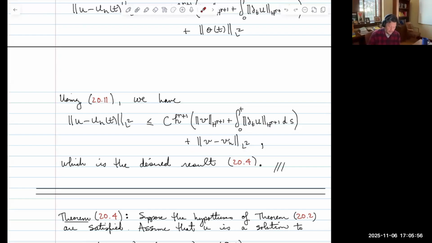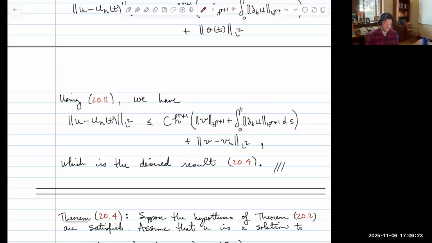What can I do about that? Well, if I use the interpolant or the Ritz projection operator, both of those I know are going to be less than a constant times h to the r plus 1 times this. Because they're optimal order projections, I can hide this term in here. And so I gain an error which is just this.